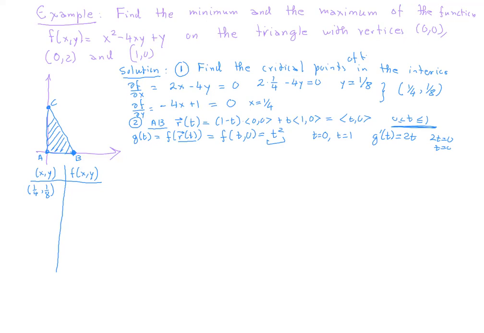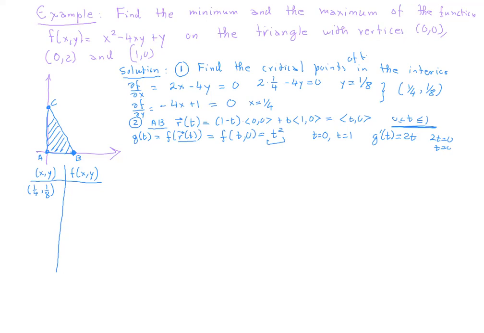Now we want to put those points back to our table, but we have to be careful. We won't just put 0 and 1. Remember that those are values of the parameter. And through the parameterization, those values correspond to points on the segment AB. What points on the segment AB would those be? I mean, you can plug them back into your parameterization, but it's easy to understand that they're just the endpoints.